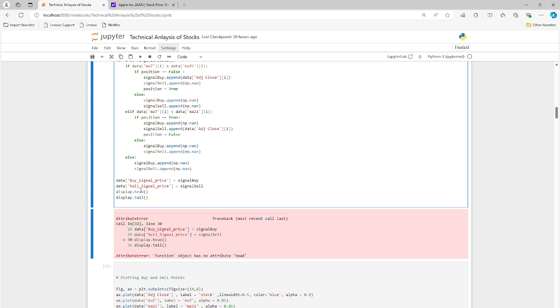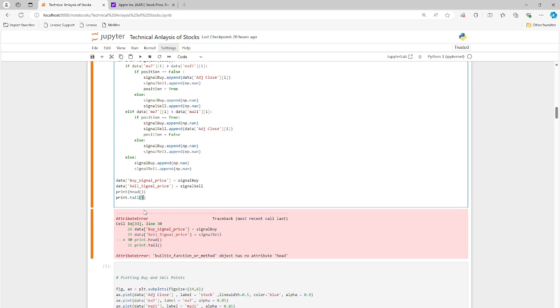Display.head. Oh, I know, yeah, print is different. Okay, disregard that. Print. Oh, what is that? Okay, yeah, I haven't done this in a while.